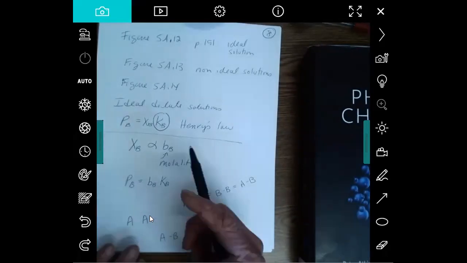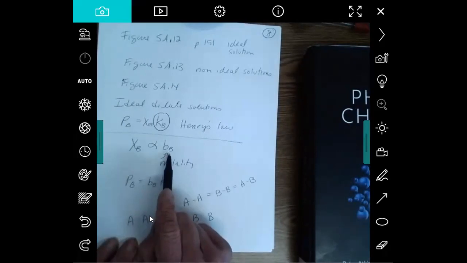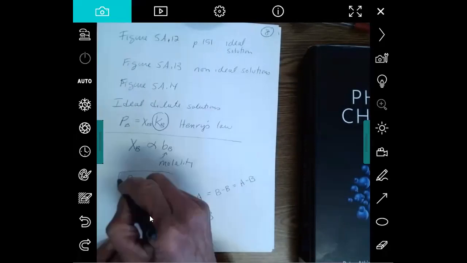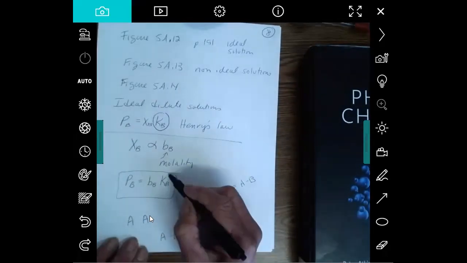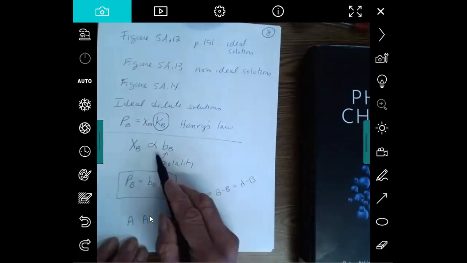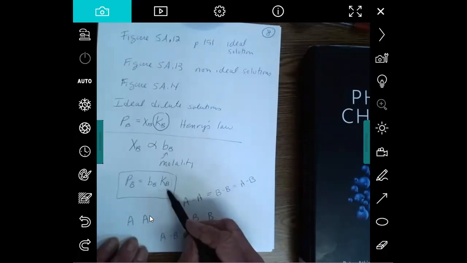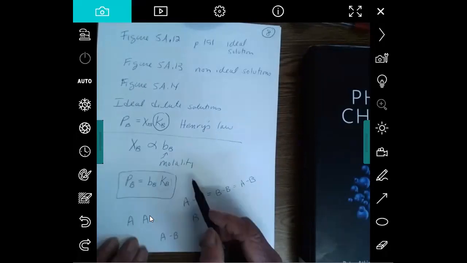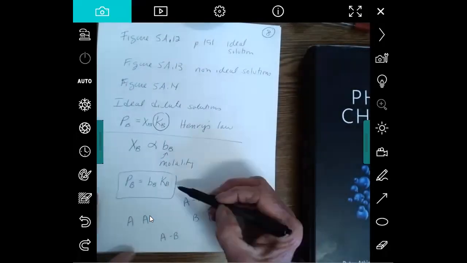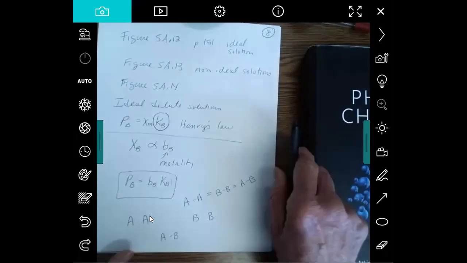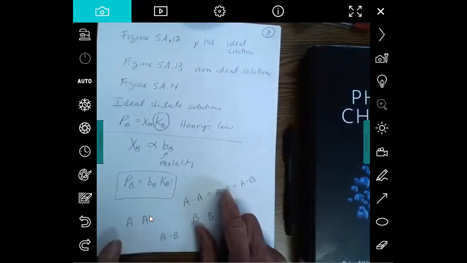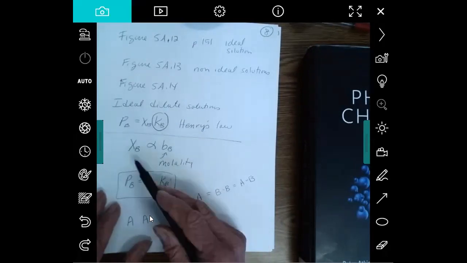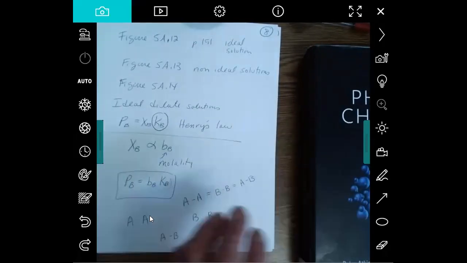In general, mole fraction is proportional to molality, and so Henry's law is usually written in units of molality, and then you incorporate that proportionality constant into the K_B. So it's a K_B for mole fraction units. You'll probably see it written this way instead of with mole fraction, knowing that it's still the same exact equation. You just have a different number for K_B, which incorporates the conversion between those two.